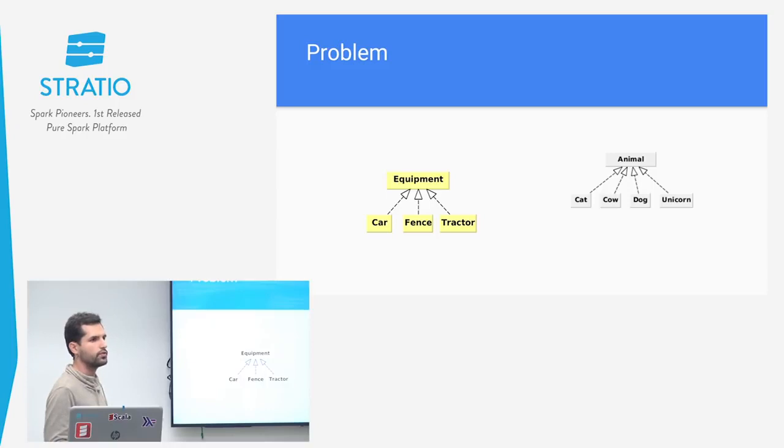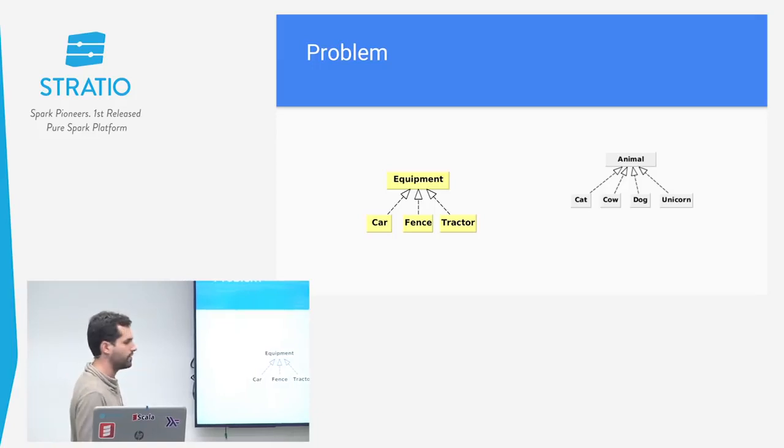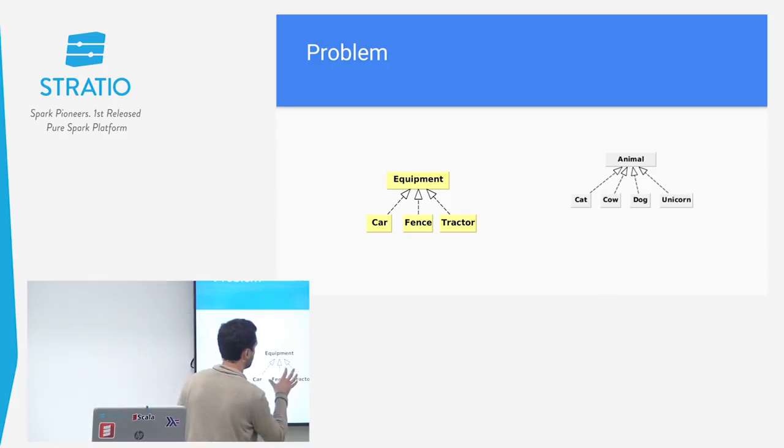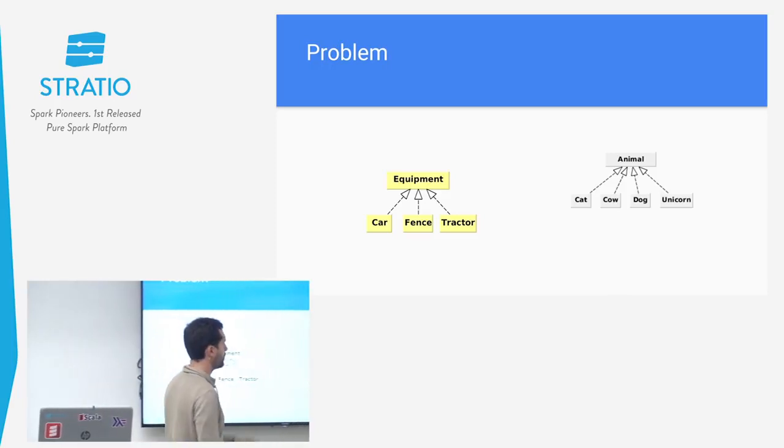You are trying to integrate them, and we are big data developers and engineers, so we should know that we tackle this kind of problem continuously, because variability is one of the features of big data. We are trying to combine things from the universe of equipment with things from the world of animals.